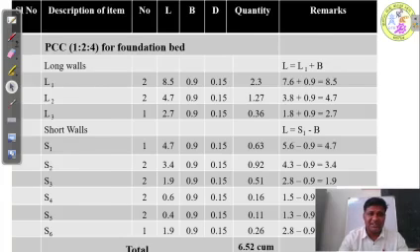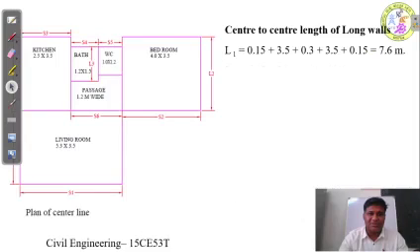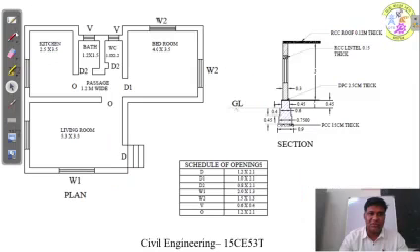In this, PCC is nothing but a foundation bed which is provided for foundation. The width of foundation, that is 0.9 meter, is same as the width of excavation. Okay, the width of PCC bed is same as the width of excavation, and since the section of all the walls are same, the calculations remain same for PCC as we have calculated the earthwork.